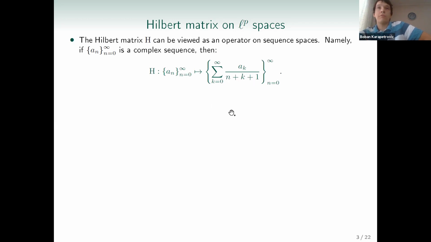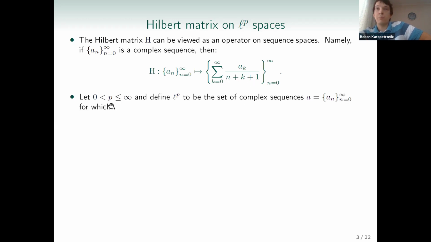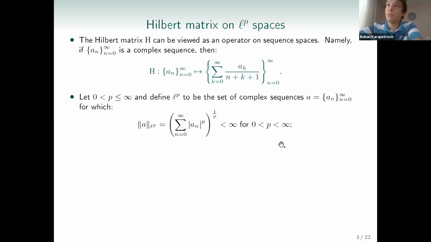And also for p between 0 and infinity, p can be equal to infinity, we have this standard definition: l^p is the space of all complex sequences for which this norm is finite, in this case when p is strictly between 0 and infinity, and when p is equal to infinity, we have this supremum norm.